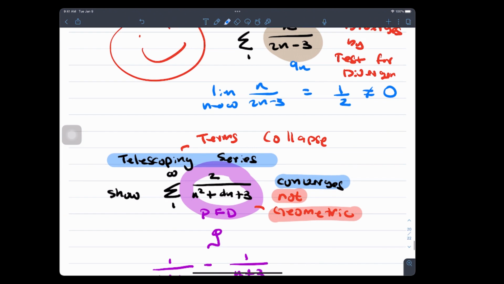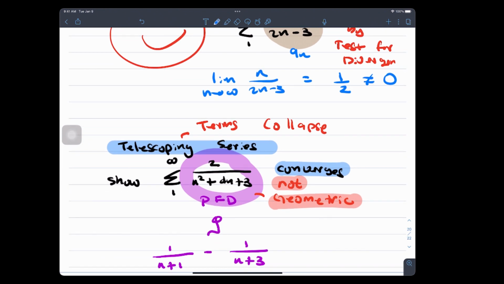So if you said, okay, I want to just look at this an, and you say, Mr. Judge, the limit of an equals 0 here, right? Because you're looking at the limit of that 2 over n squared plus 4n plus 3, that is 0. Yes, that's 0. Okay.